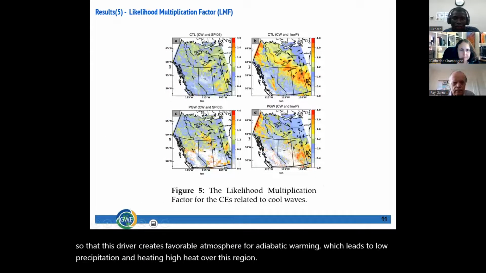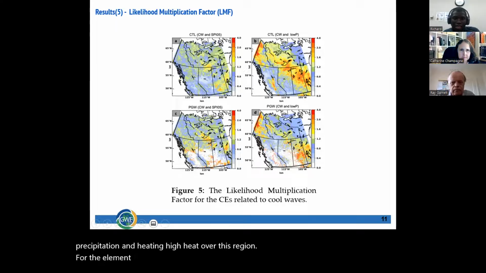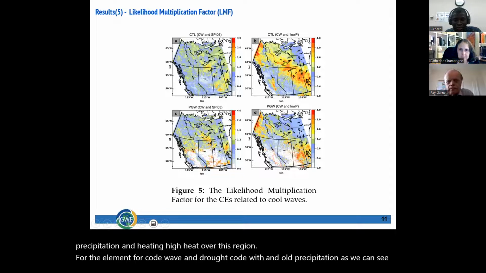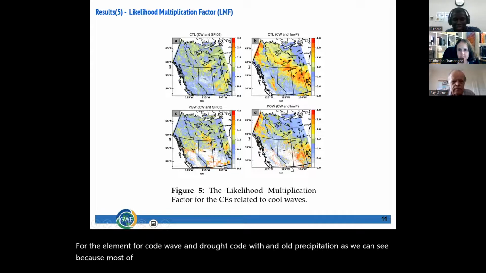For the LMF for cold wave and drought, cold wave and low precipitation, as we can see, most of this region may not see much of these compounded events in future.